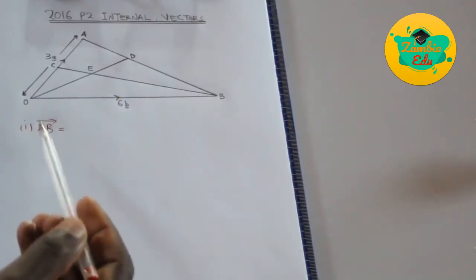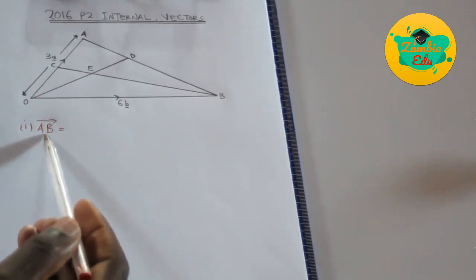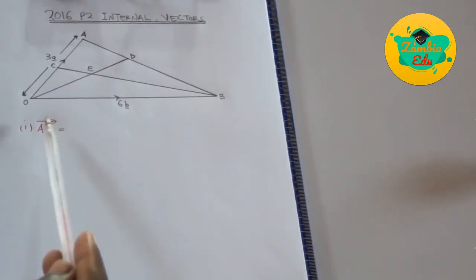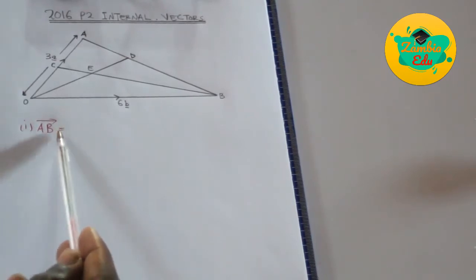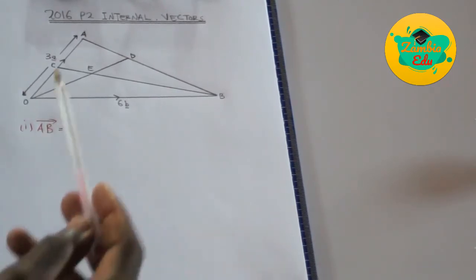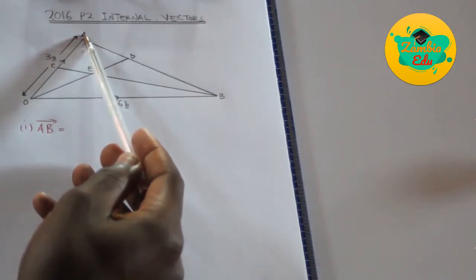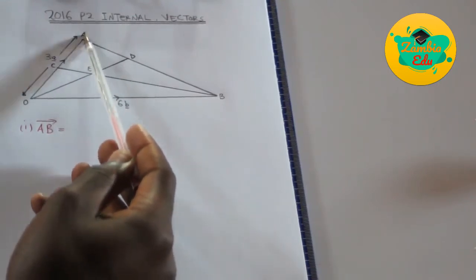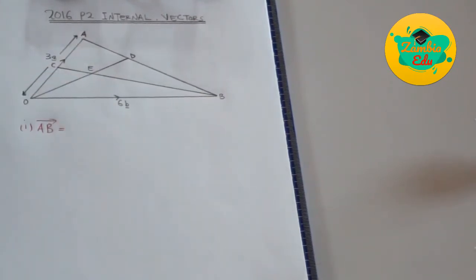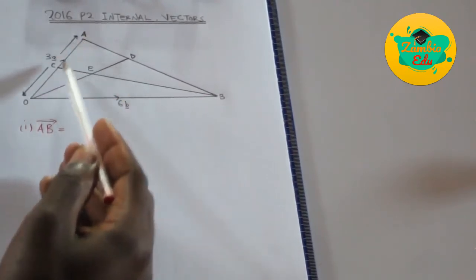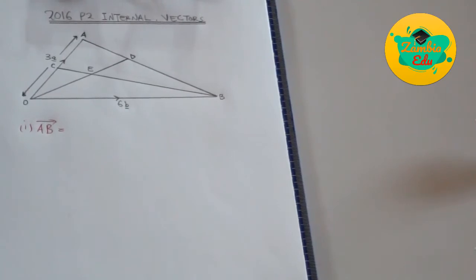And if we look at our first question, which is asking us to find vector AB, the arrow is pointing starting at A ending at B in that direction, which means that you have to start from A and you have to end at B. Whichever route we decide to use, we should still end at B and start from A. Though there may be many routes to reach B, there is only one route which we can use.